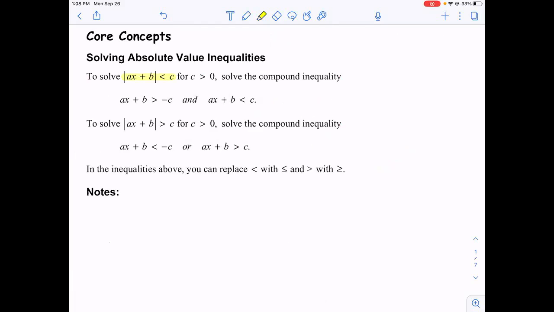If we have an absolute value that is less than a number, then we're going to split it off into this. What I want you to do right now is just with your highlighter, highlight this for me. But it's not going to really make sense unless we talk through how I'm getting those 2 separate things. So for right now, just highlight.